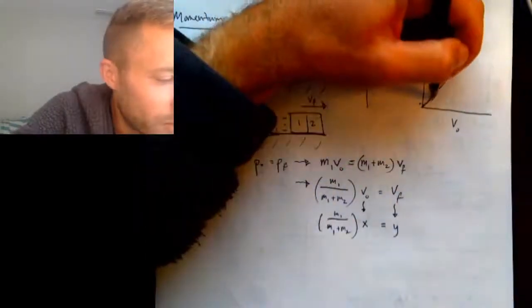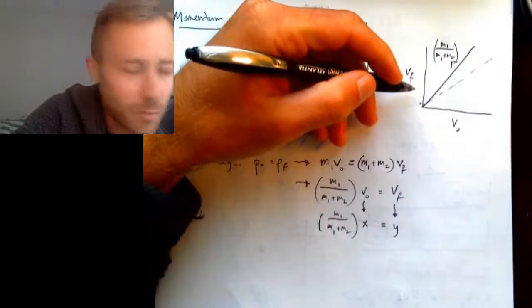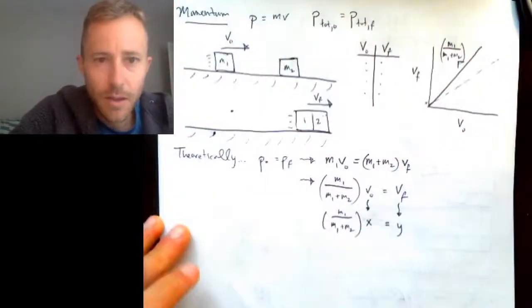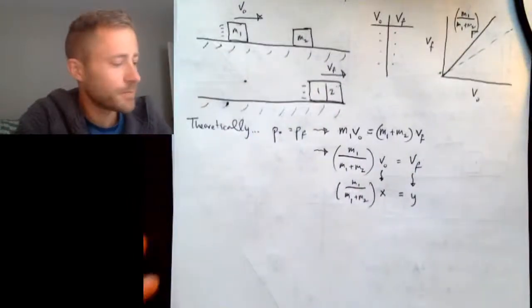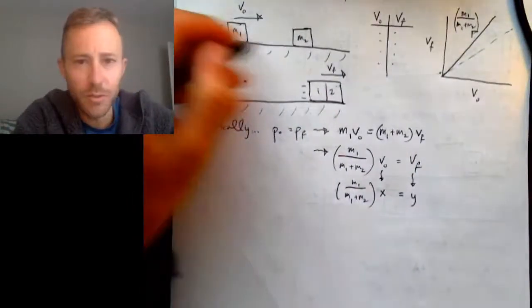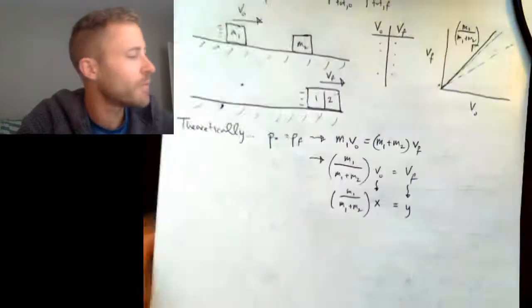So I would expect the final velocity would be less than what is expected. So you might get something like this. It depends on how slippery these surfaces are. If you had really, really slippery surfaces, then the slope might be super duper close to what you expect.